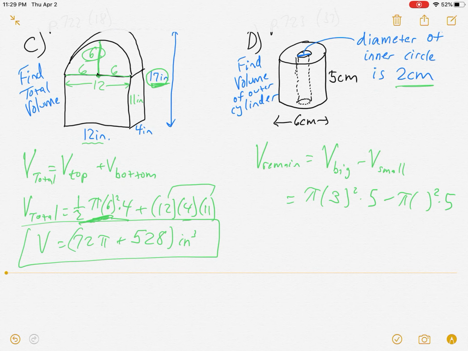And the radius of the small one is half of 2, or 1. So this becomes 45 pi minus 5 pi. The answer is 40 pi centimeters cubed. Let's check that one out. Yeah, looks pretty good.